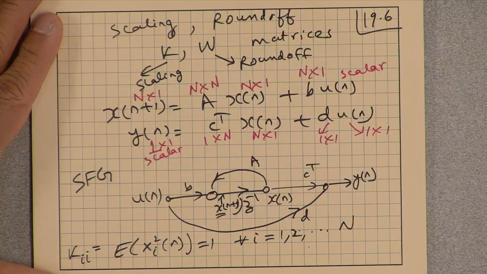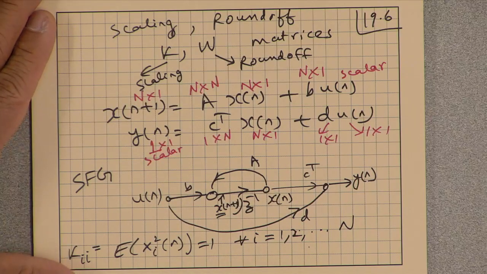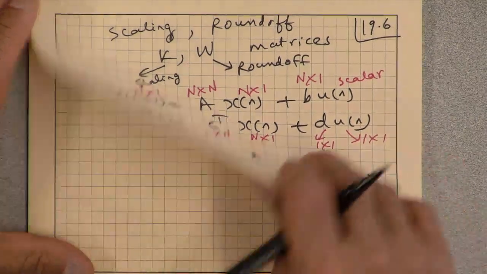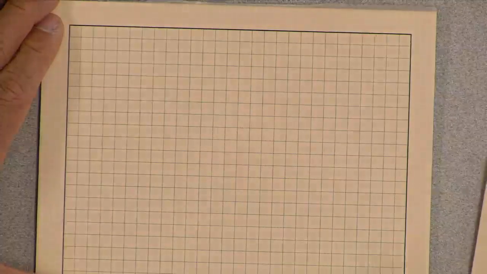We will talk about that, and we will define what K is also. So let's define K. What is that K matrix?